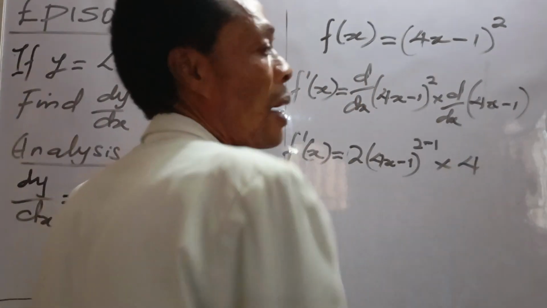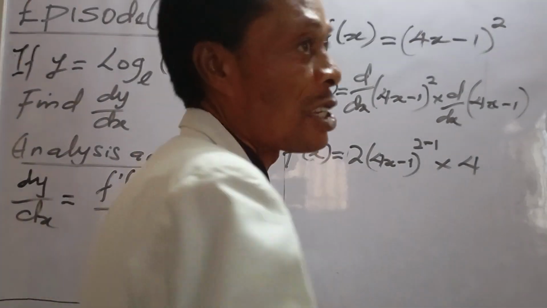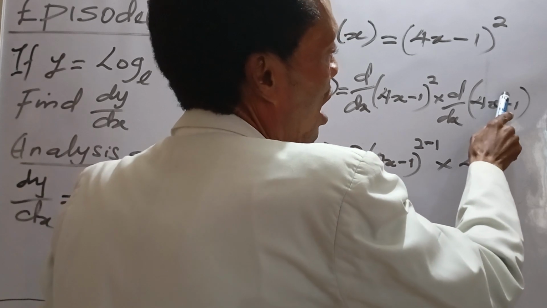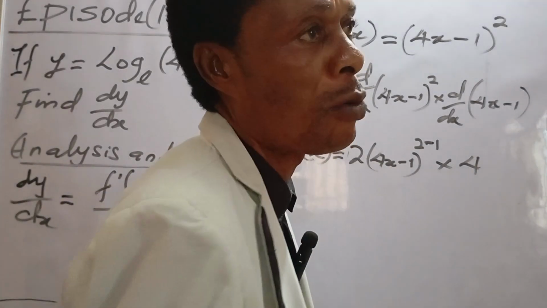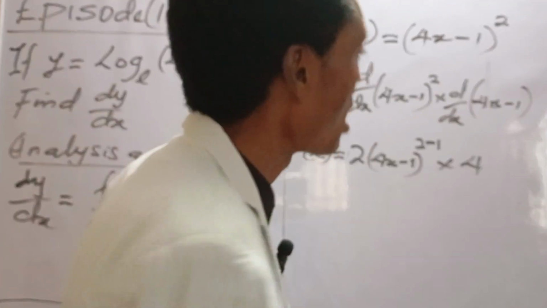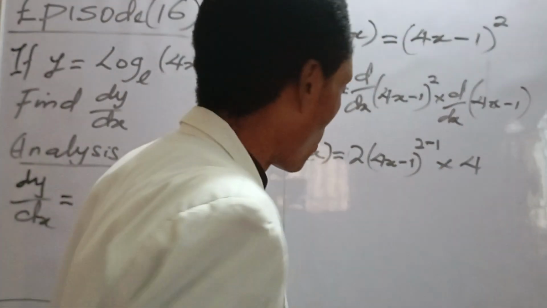Because the differentiation of a constant is 0. So differentiation of this, the power of s here is 1. 1 minus 1 will give you what? 0. S raised to the power of 0, anything raised to the power of 0 is 1. So 1 times 4 will give you 4.